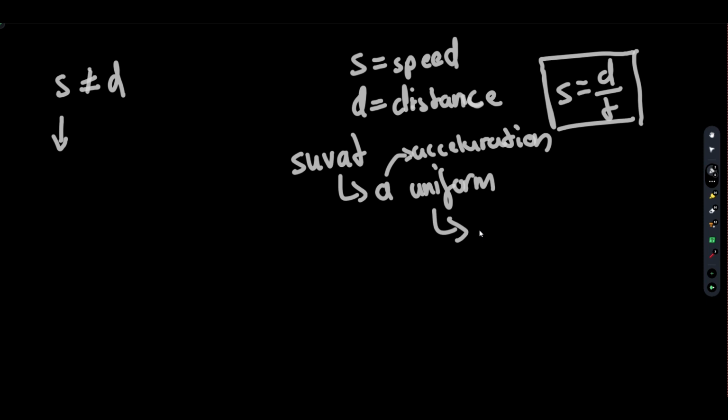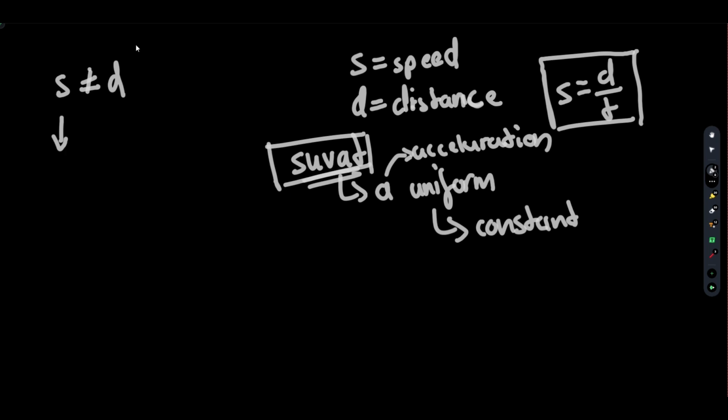Uniform means it's constant. Whenever they say uniform, it means constant. So you can have a situation where A is increasing, but as long as it's increasing at a steady rate or at a constant rate, steady and constant, same thing, then you can use SUVAT equations. That's very important for you guys to remember.